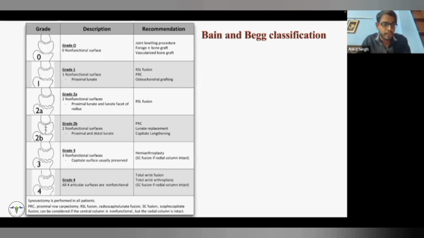Grade 2B involves the proximal and the distal lunate. Grade 3 involves three non-functional surfaces, where the capitate surface is the only one preserved, and both the poles of the lunate and the lunate facet of the radius are involved. And grade 4, all the four articular surfaces are non-functional.